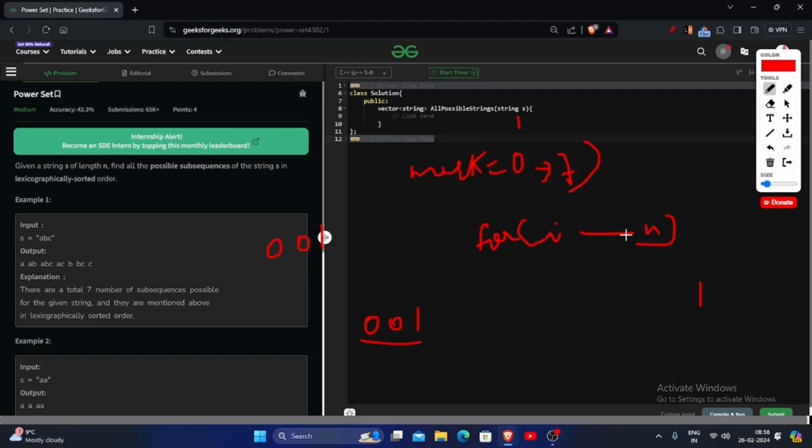From i to n, I can only take 1. And currently my mask is 1, and if you write its binary configuration, it is 001. So how do we actually check? We check, this is i, if mask and 1 left shift by i.